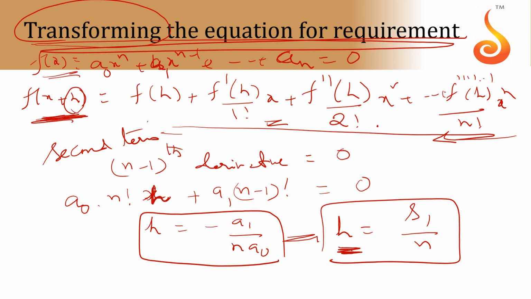Actually, this concept was developed for solving cubic equations. Suppose ax cube plus bx square plus cx plus d equal to 0. This is the full-fledged form of a cubic equation. Suppose I transform this cubic equation to remove the second term, meaning this term will be removed in the transformed equation. Then only the cubic term, x term and constant will be there. By using this transformation h equal to s1 by n, you have to calculate f of x plus h.